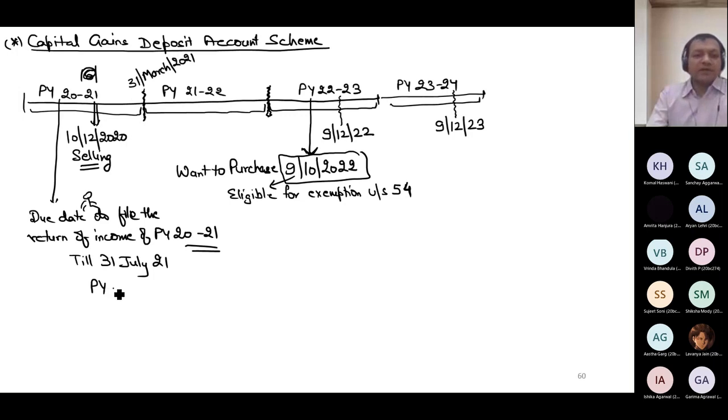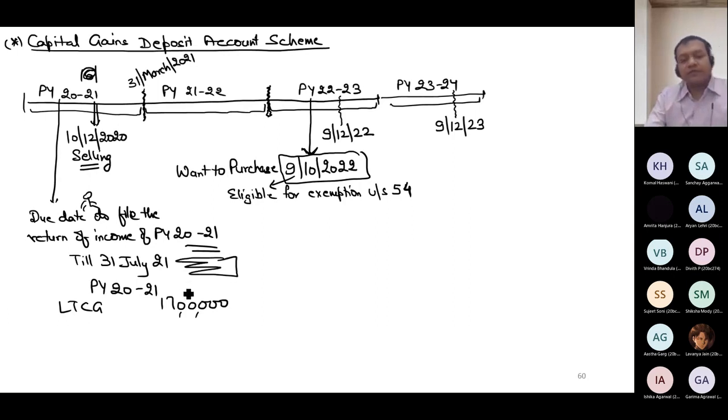So if I am computing the income of previous year 2021, where my LTCG is 17 lakh, and the last date to file the return of income is 31st July 21, and I want to purchase the house on 9th October 22, how will I claim the exemption here?